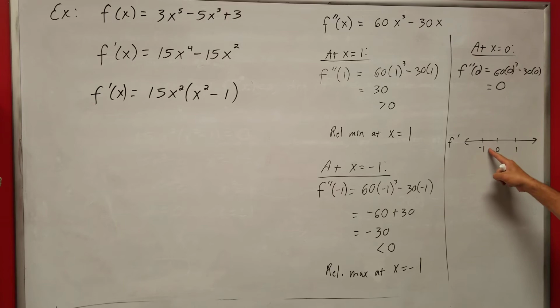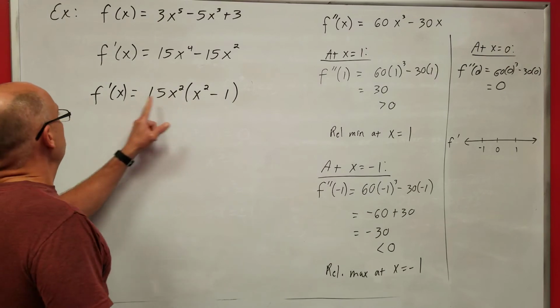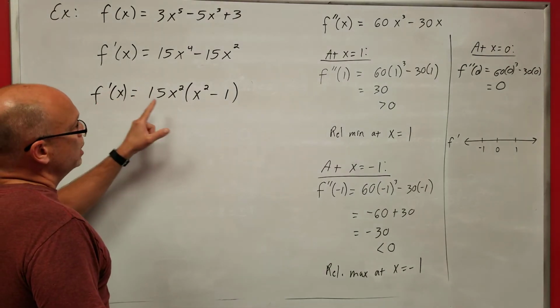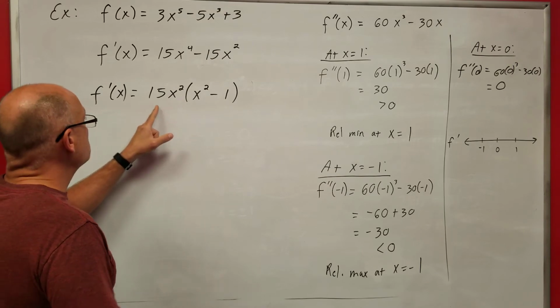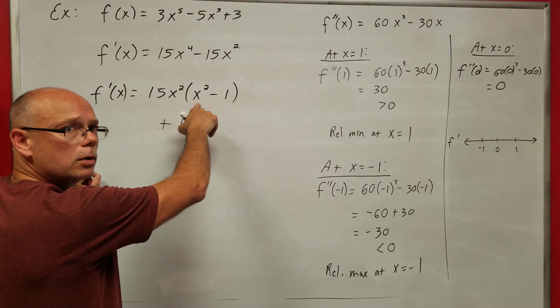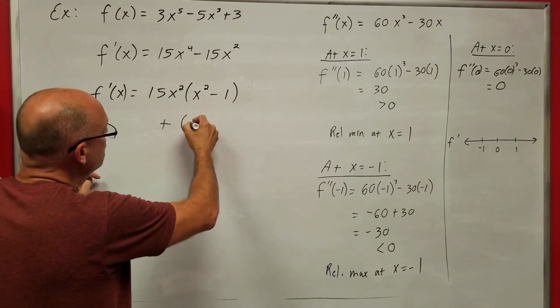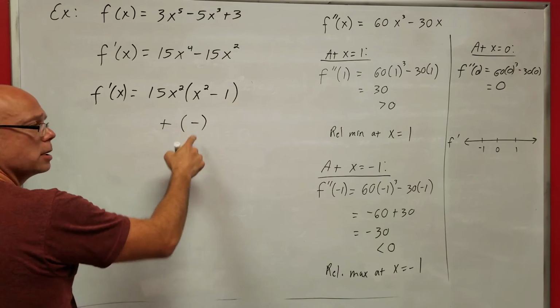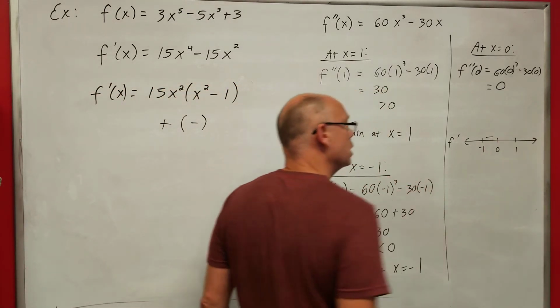So let's pick a test value here like negative 1/2 and run it through my first derivative. Negative 1/2 squared, which is a positive, times 15 is a positive. Negative 1/2 squared gives me a positive 1/4, minus 1 gives me a negative. And what's a positive times a negative? A negative there, right?